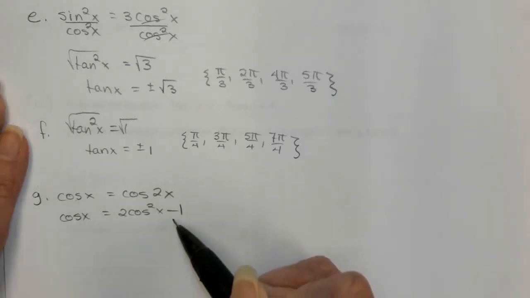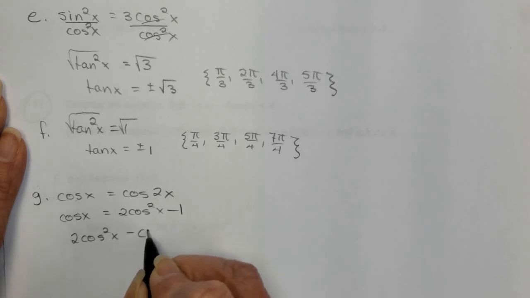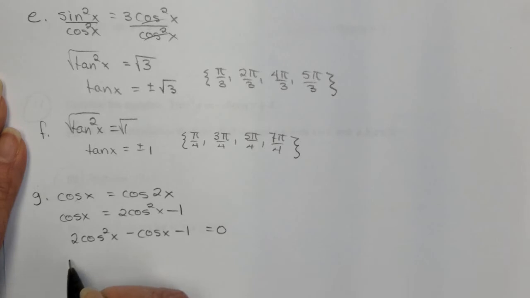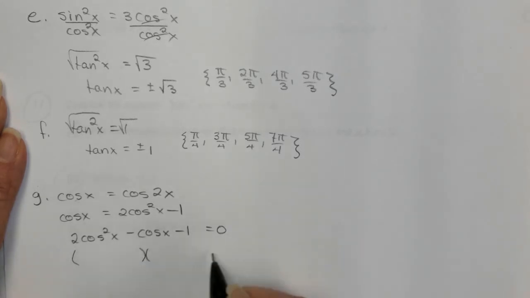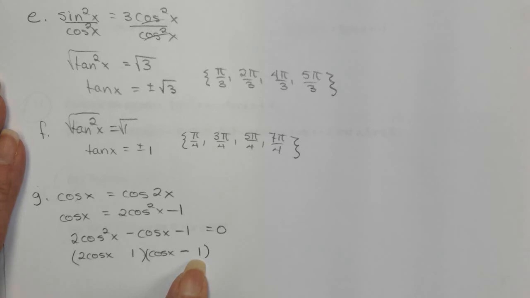Then I'm going to subtract cosine x from each side, setting the equation equal to 0. So 2 cosine squared x minus cosine x minus 1 equals 0. So now I'll factor the equation. I have a 2 cosine x here, a cosine x here, a 1 here, and a 1 here. Now I want this one to be negative so that when I multiply the 2 cosine x by 1, I get a negative 2, a positive 1, and that'll add up to that negative 1 in the middle.